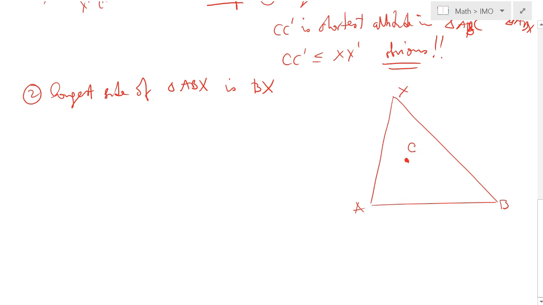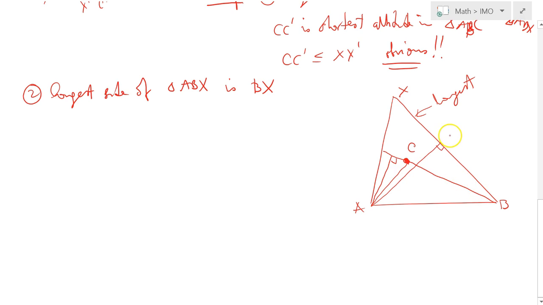Since this one is the longest, I can drop an altitude onto it. Then I have a triangle ABC, and I will draw another altitude on triangle ABC onto side BC.